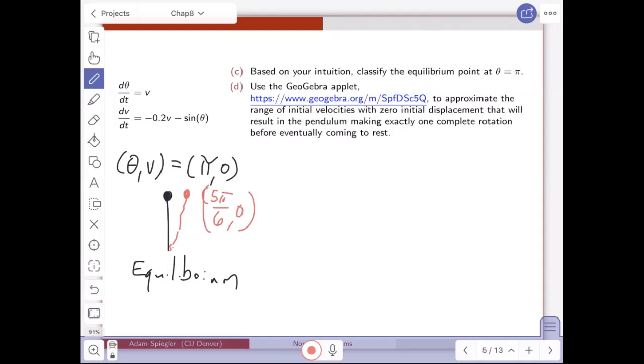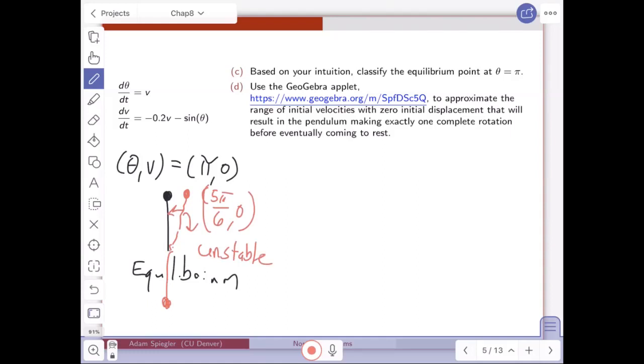If you hit play, in other words, you let go of that pendulum, what's going to happen? Is it going to swing this way, or this way? Well, because of gravity, it's going to swing down, and it's going to wind up settling back down over here at the other equilibrium. So this is an unstable equilibrium we would expect for this example.